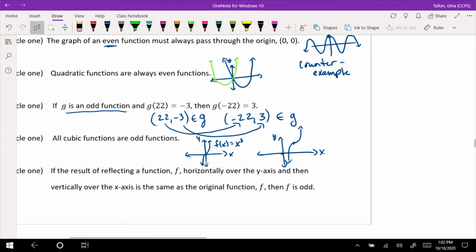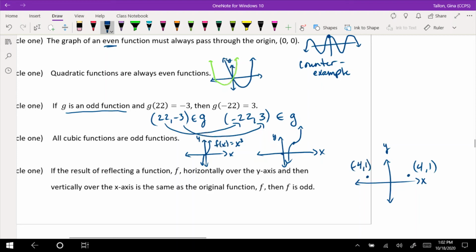Let's just take any old point. I'm going to have my x-axis here and my y-axis here. I'm going to pick a point like (4, 1), and reflect it horizontally over the y-axis. That's going to give me (-4, 1).